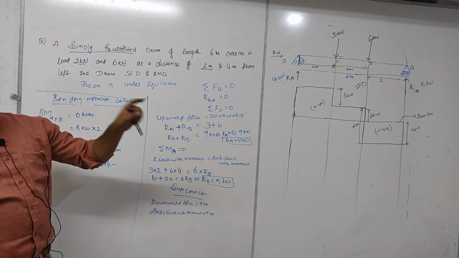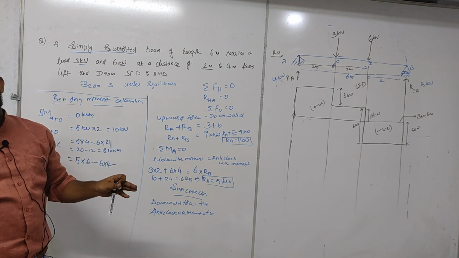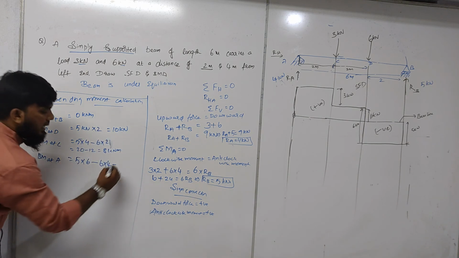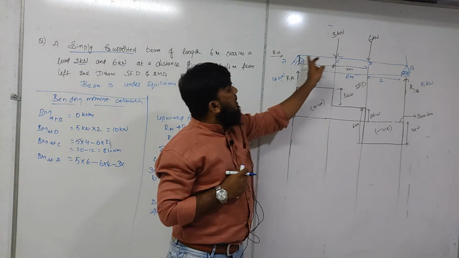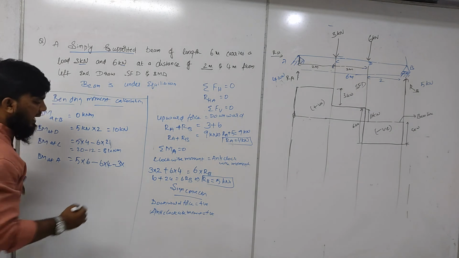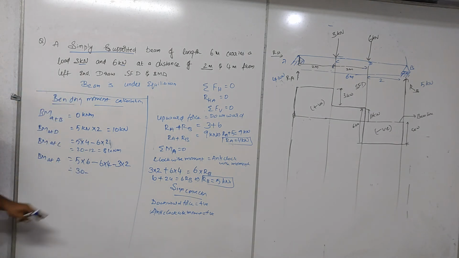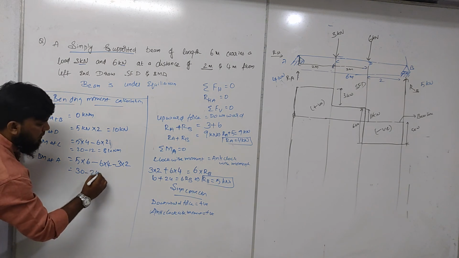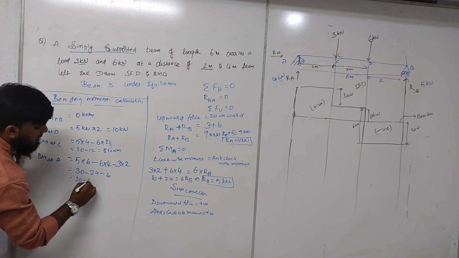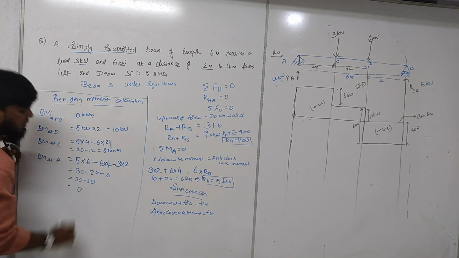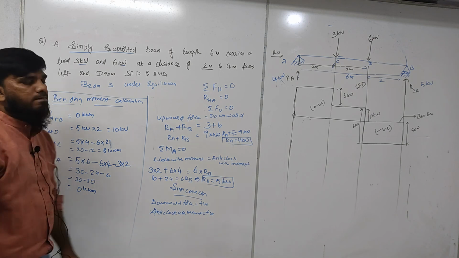Another load towards the right of A is 3, into the distance between point C and point A, that is again 2. So 5 6s are 30, minus 6 4s are 24, minus 3 2s are 6. 30 minus 30 is equal to 0. This is 0 kilonewton meter.